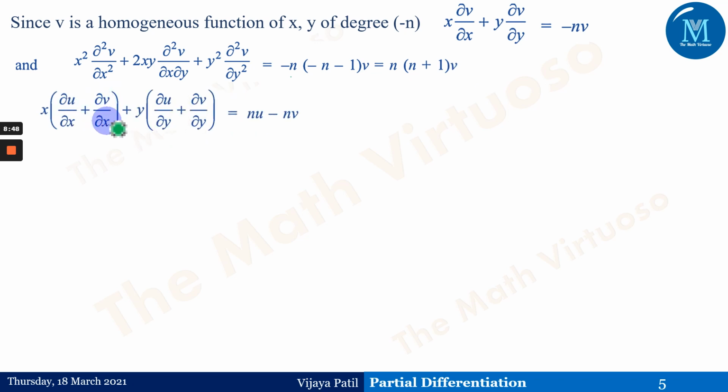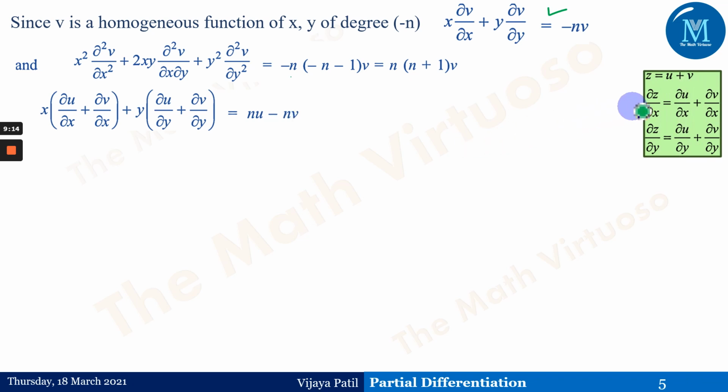So now we have got this as the first identity, that is, v is a homogeneous function. We have got one more identity from u being a homogeneous function with degree n. So we'll just add them up. After adding them up, we'll be getting x into dou u upon dou x plus dou v upon dou x, plus y into dou u upon dou x plus dou v upon dou y, which is equal to nu minus nv.